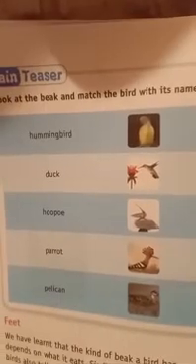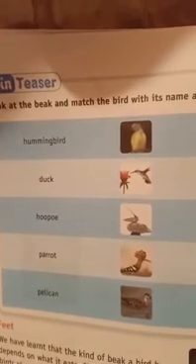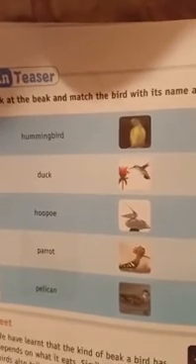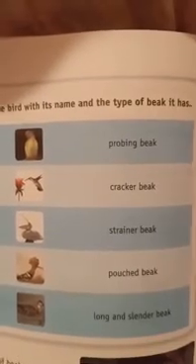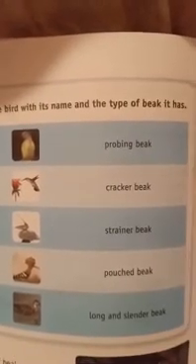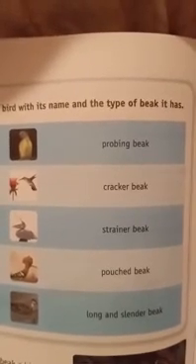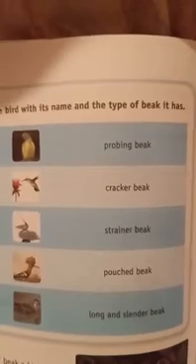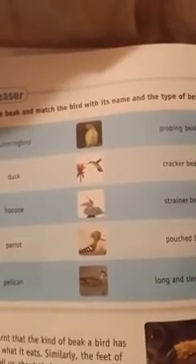So first of all, try to match the names of the birds with the images, and after that only try to identify their beak and what type of beak they have. Okay, and match it accordingly. Okay? So this question will be your homework.